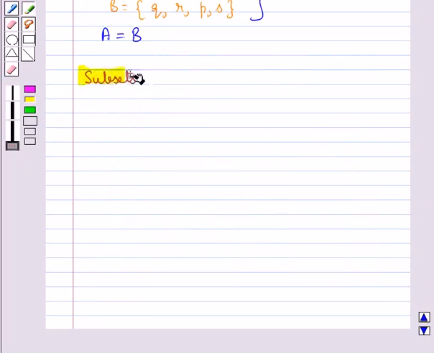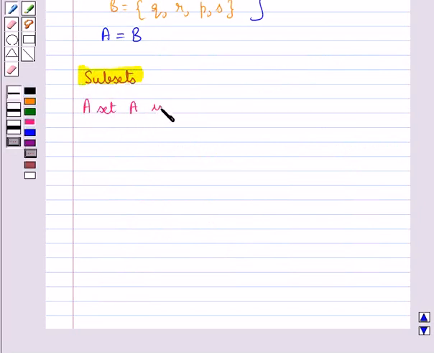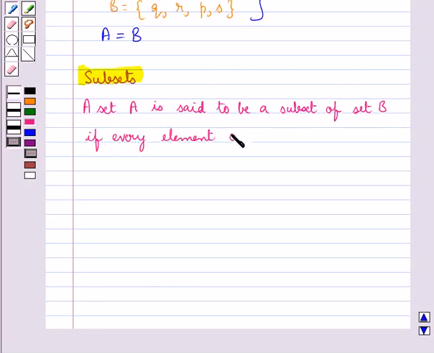Next we have subsets. A set A is said to be a subset of set B if every element of A is also an element of B. This is the symbol for the subset.